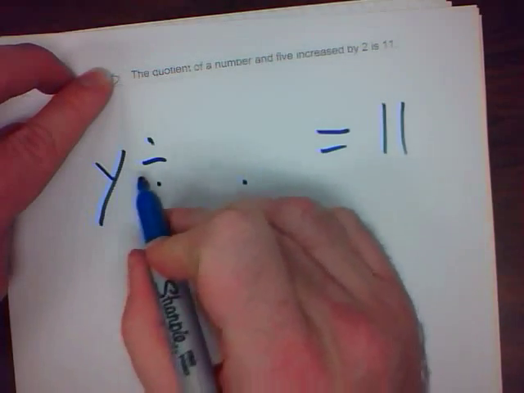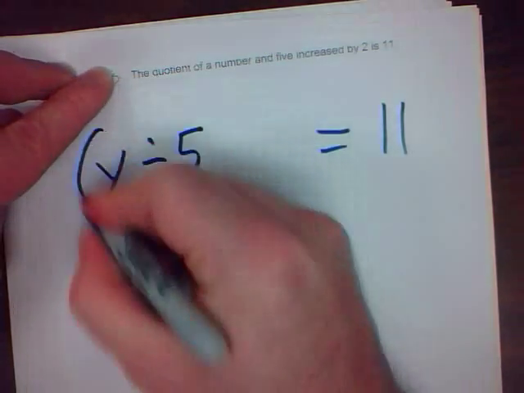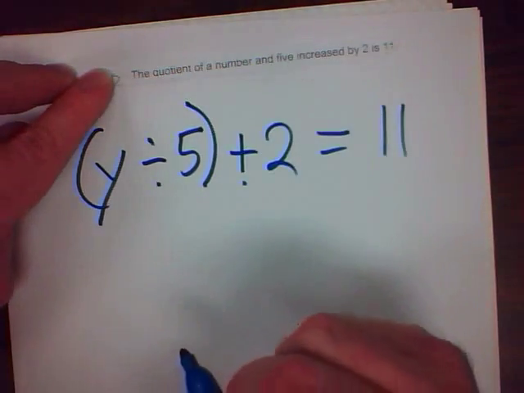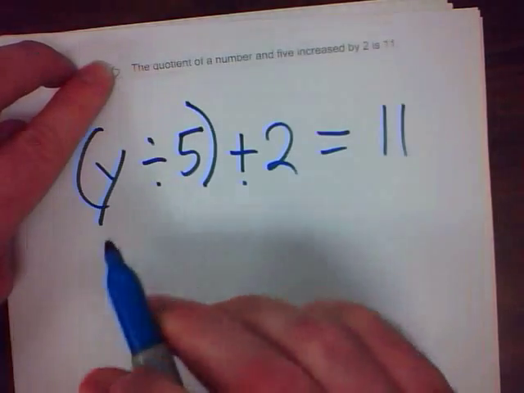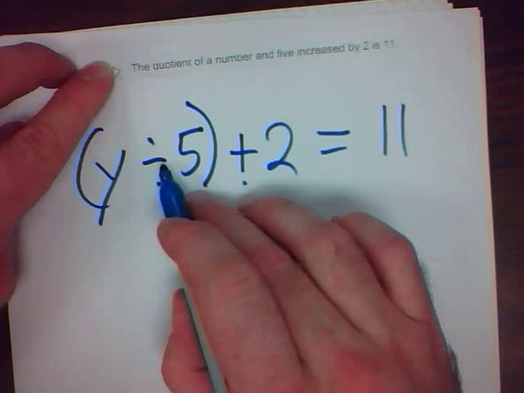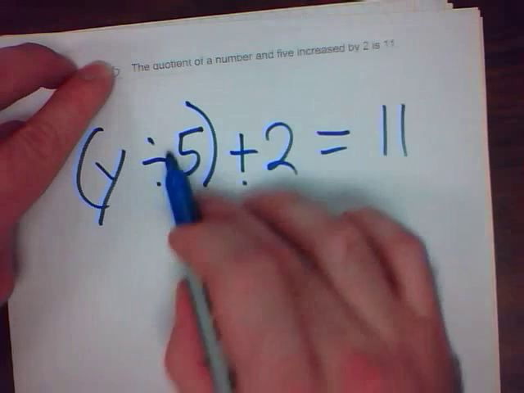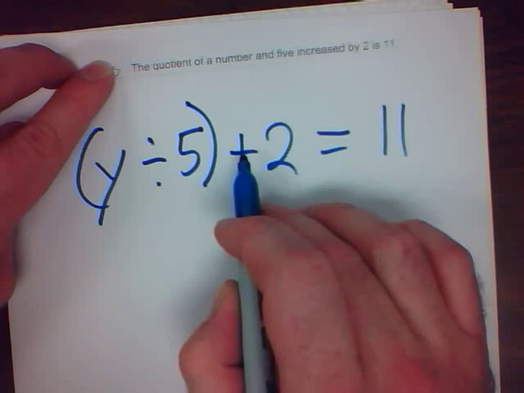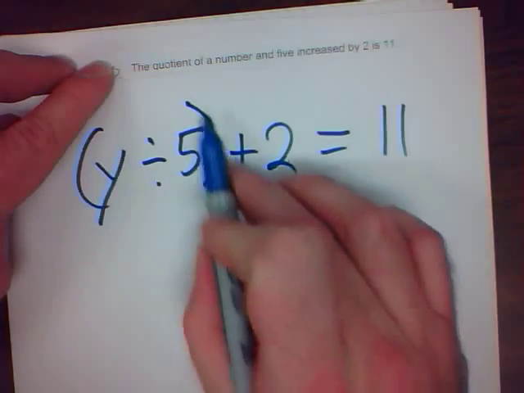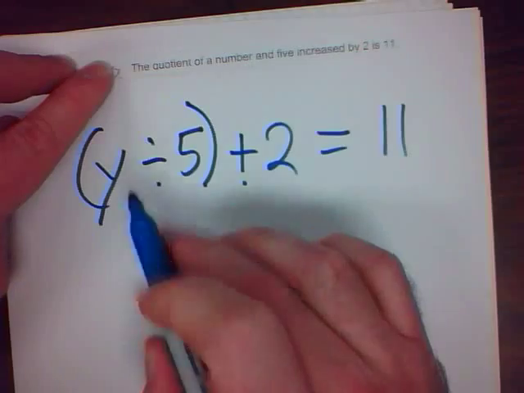A quotient of a number and 5, in brackets, increased by 2. Now, in this particular question, the brackets actually aren't going to make a difference because division, if you think of BEDMAS, division comes before addition anyways. But there are questions where these brackets will matter, where it's going to make a difference.